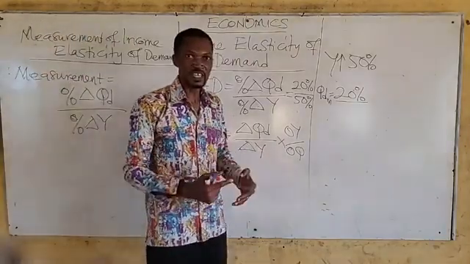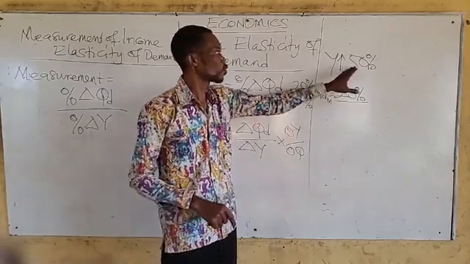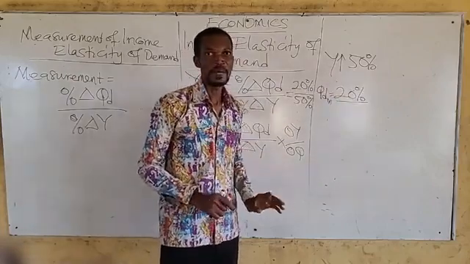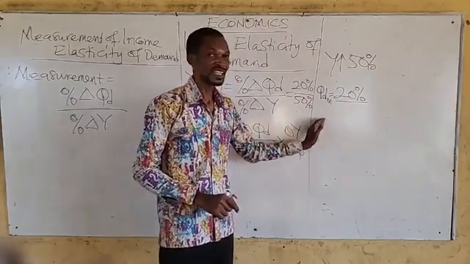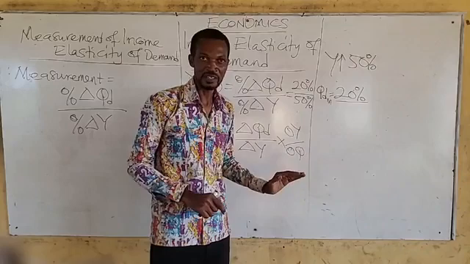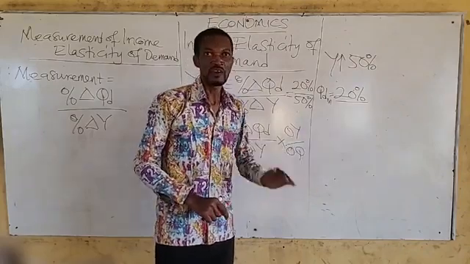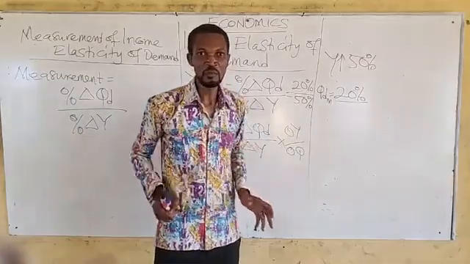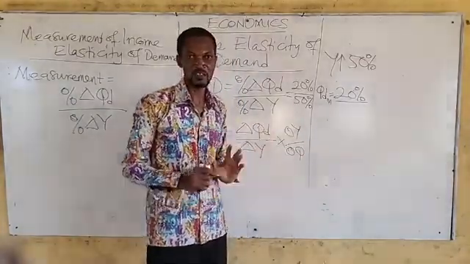Well, the question or the information you have may not give you the thing in percentage form, but will give you figures. The person bought, say, 20. Now the person is buying 100, and the income increases from $10 to another dollar. When you have that information, definitely it will not be appropriate to use the percentage formula.